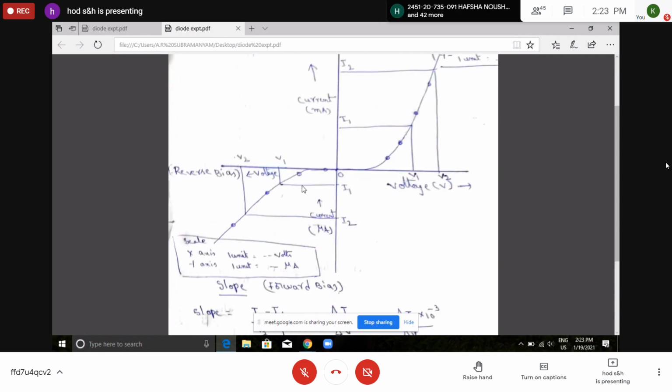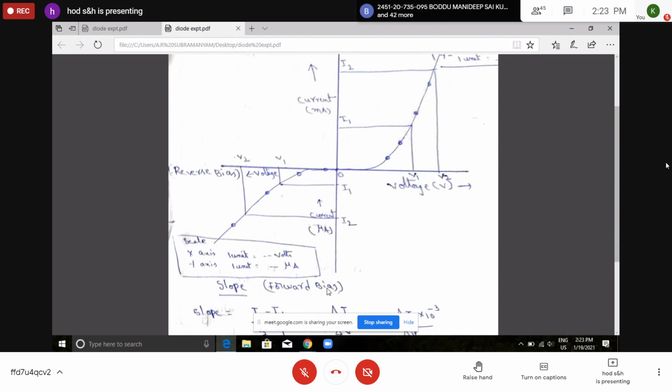Similarly, in the reverse bias, a different scale can be taken. 1 unit is equal to 5 volts, because you are changing like this: 0, 5, 10, 15. The current is very small, so you can take 0.1 microamps. 0 microamps is 0, then 5 microamps, 10 microamps, 20 microamps, like that.